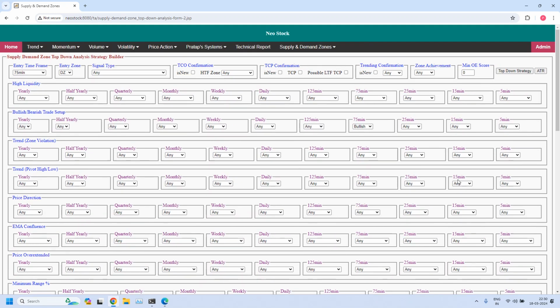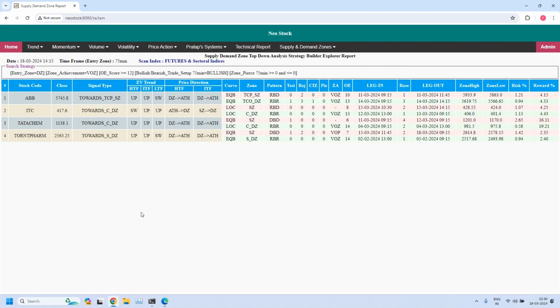Indicates the zone is not pierced. And here let us set the filters. We want zone achievement should be violated, opposing zone achievement should be there, and odd enhancer score should be minimum 12. So currently 4 stocks are filtered. Now we can focus on these 4 stocks.